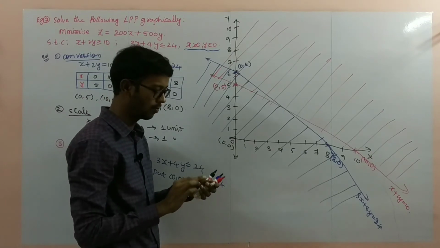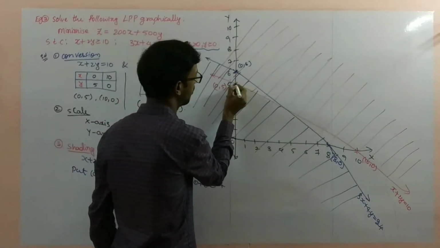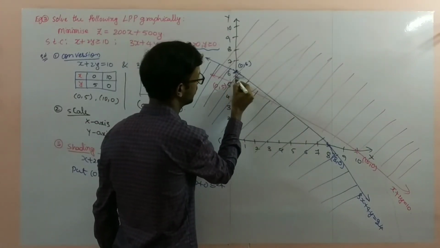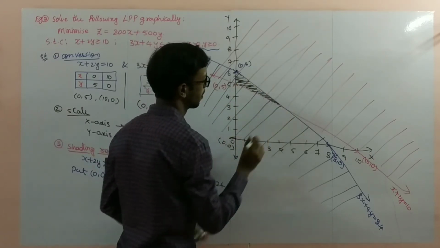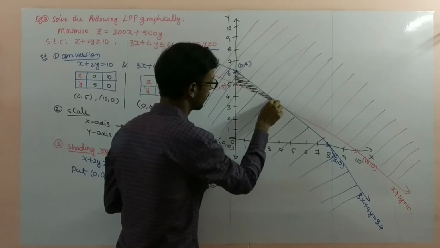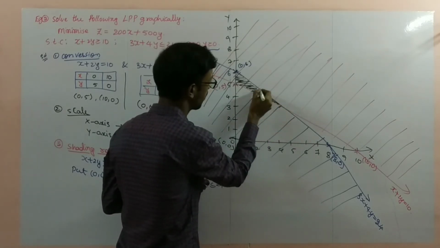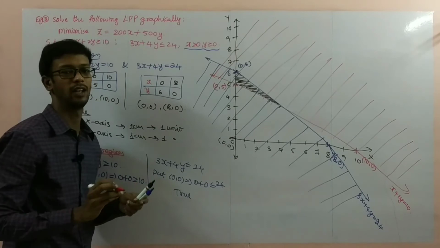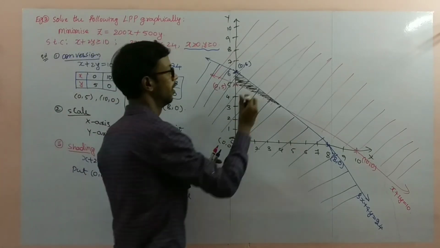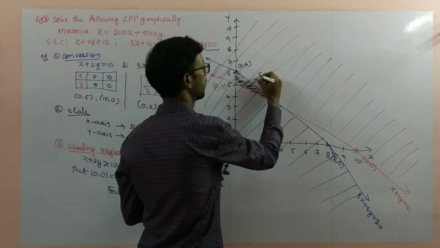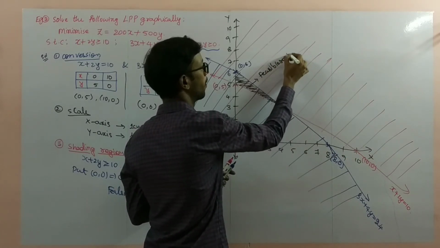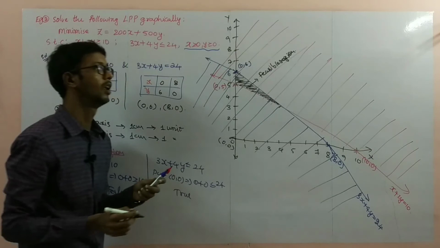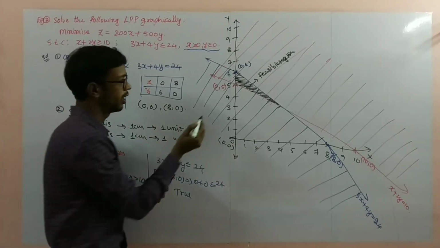Common region for both. I am shading with black. That is the common region for both. This is called the feasible region.